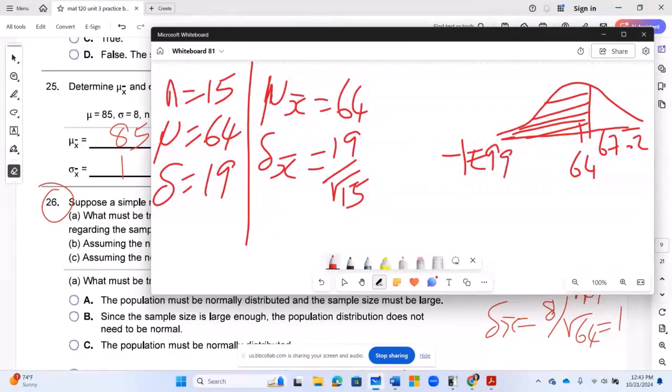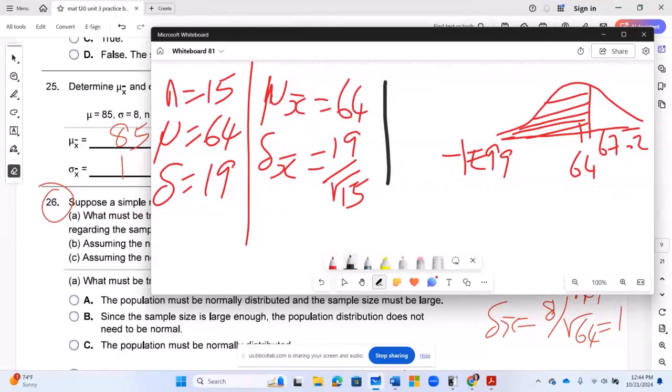All right, so I am going to write the argument that I will give my calculator. I'll tell my calculator that I'm looking for the area to the left of 67.2. All these are raw data, but you already know that my calculator can calculate area under standard normal curve.